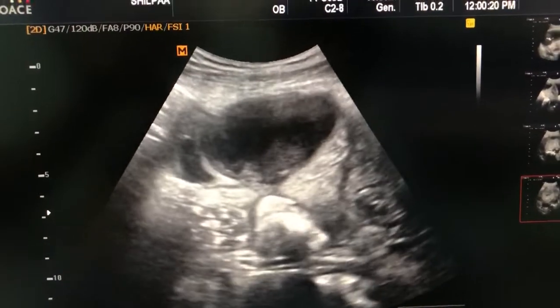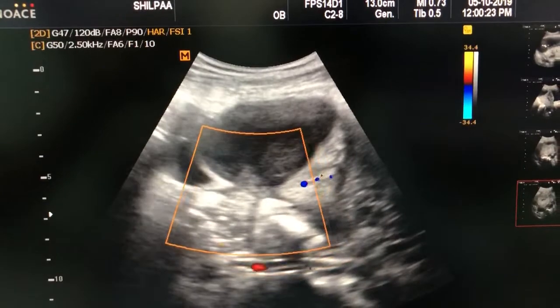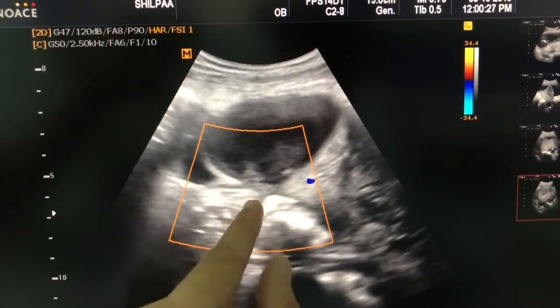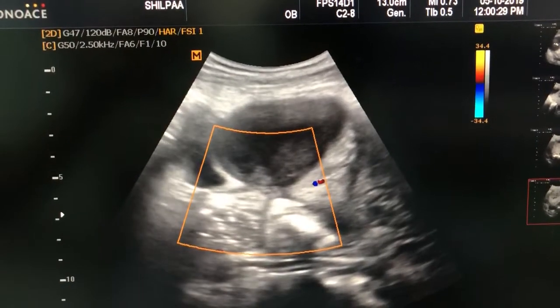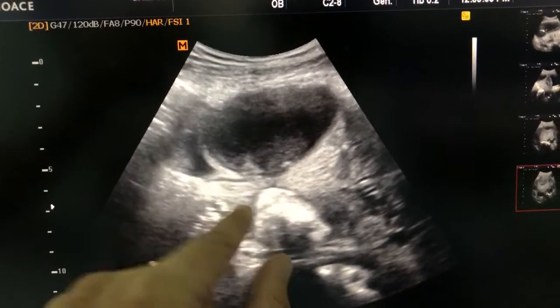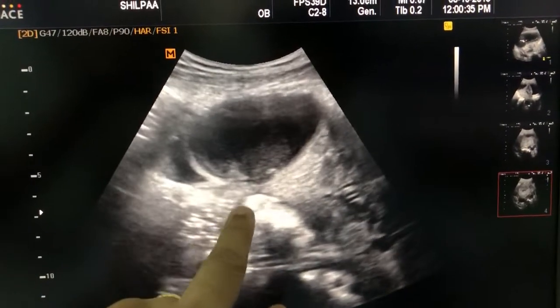Why is it the root? Because there is an attachment of the cyst over here. This is the area where the cyst is attached.